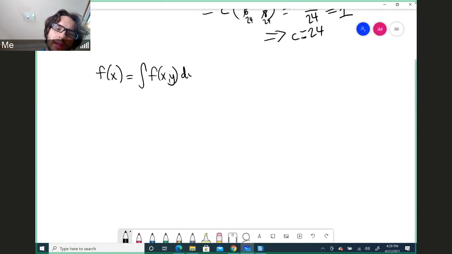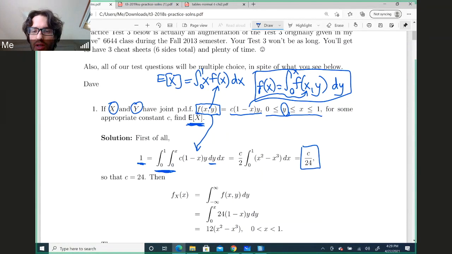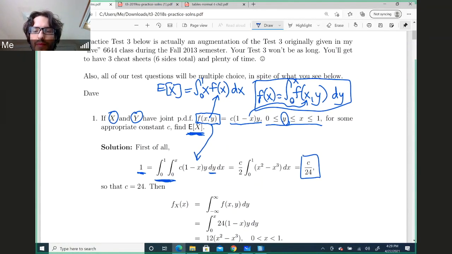And what are the limits of integration? Well, technically the limits of integration are all x values, but we really only need to worry about the values where f is non-zero, and that is from 0 to x because of this.